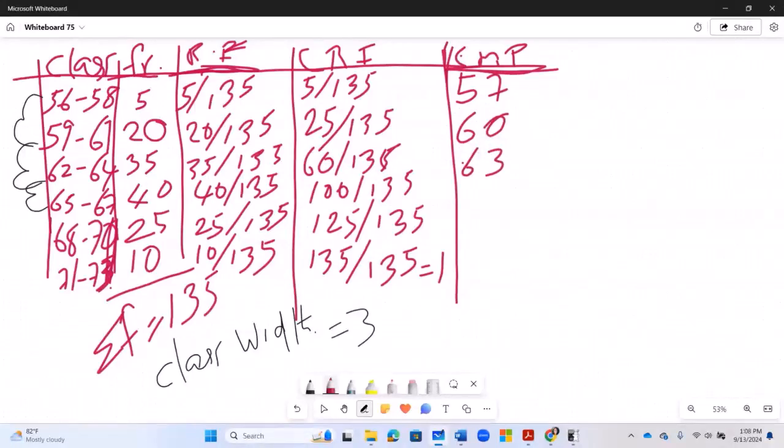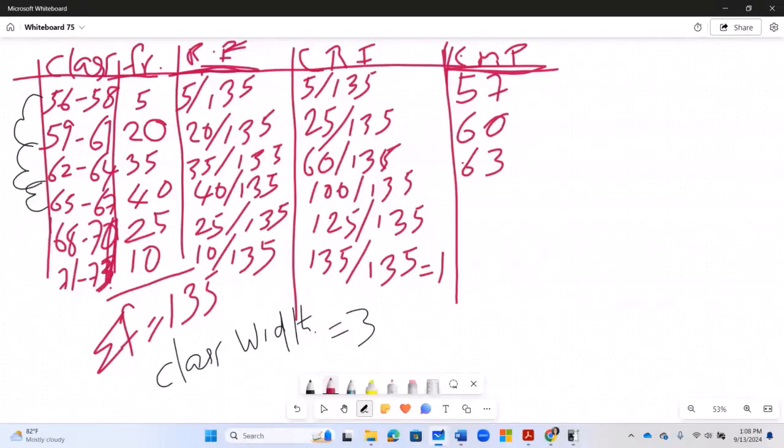How do I know that? Because we already know that consecutive class midpoints differ by the class width. Even if I do it the other way, 59 plus 61 divided by 2, my answer will be 60.